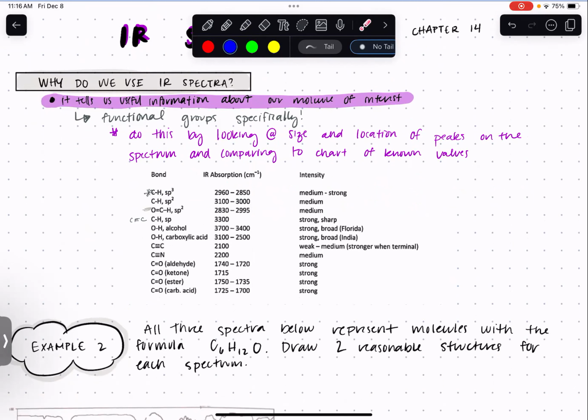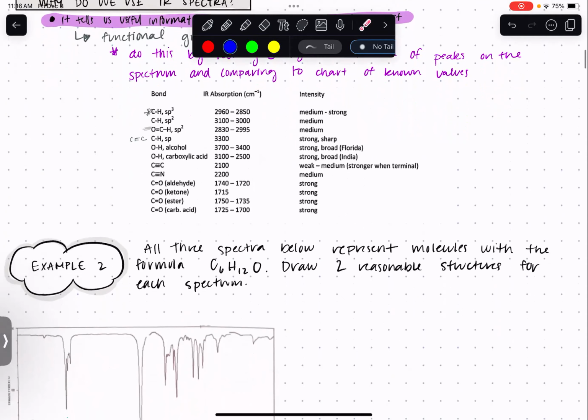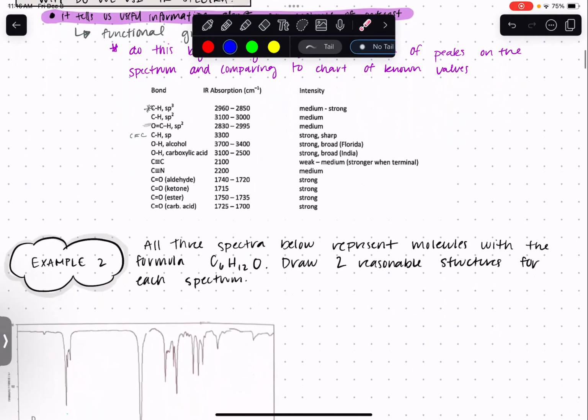And the big thing with these is just being able to recognize where certain things traditionally show up. So alcohols are always going to show up in the same spot. Carbonyls are always going to show up in the same spot. sp3 carbon hydrogen bonds are always in the same spot.